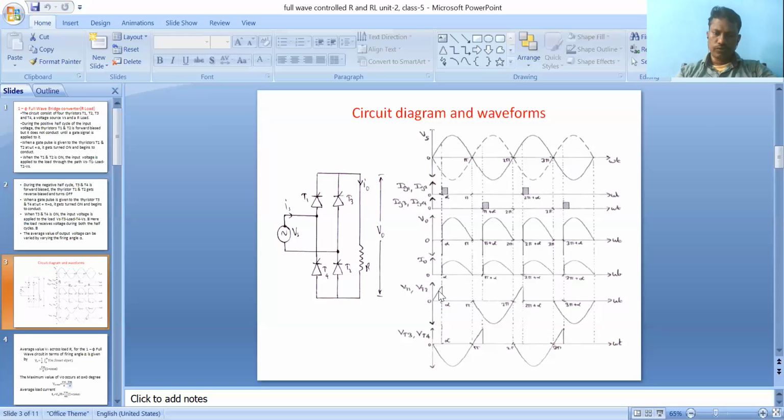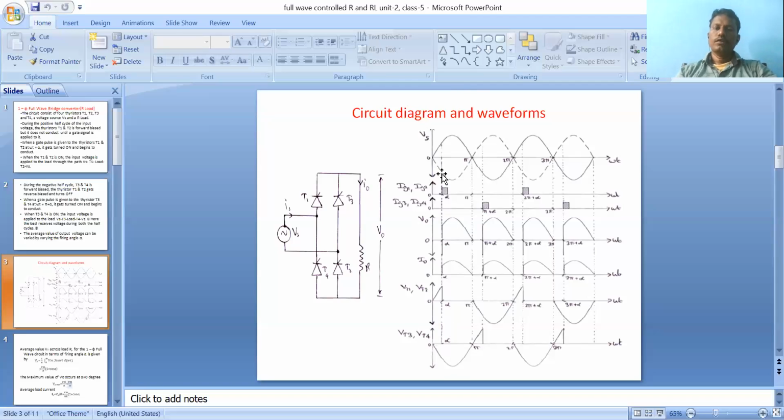It follows the input: whatever input voltage is given, the same input voltage appears across T1 and T2 before alpha. Clear? During that time T3, T4 are in blocking state, which means the voltage across T3, T4 is like the negative half cycle, while T1, T2 see the positive half cycle.